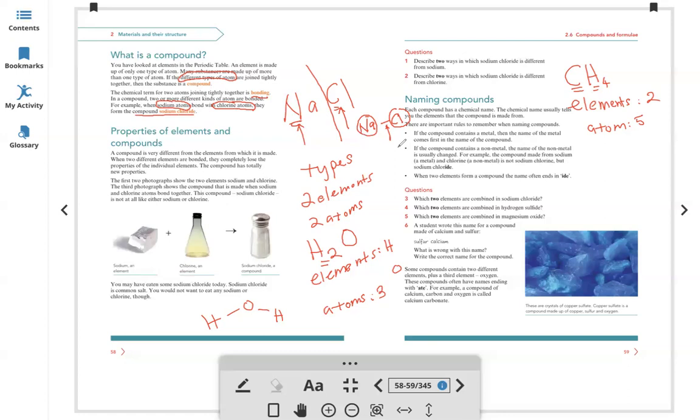Like I mentioned earlier, they have two different types, two elements, and these two atoms combine together and form a new compound, called sodium chloride.